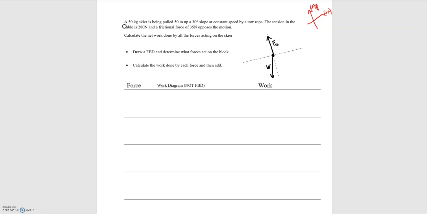We have a tension force being applied by the tow rope on the skier, going to be pointed up the slope, so in the positive x direction. And then we have the kinetic frictional force, opposing the motion, so that will be pointed down the slope in the negative x direction. That is little f sub k for kinetic frictional force.